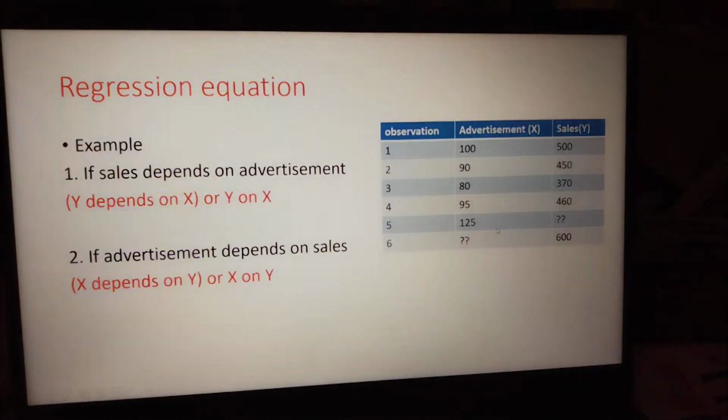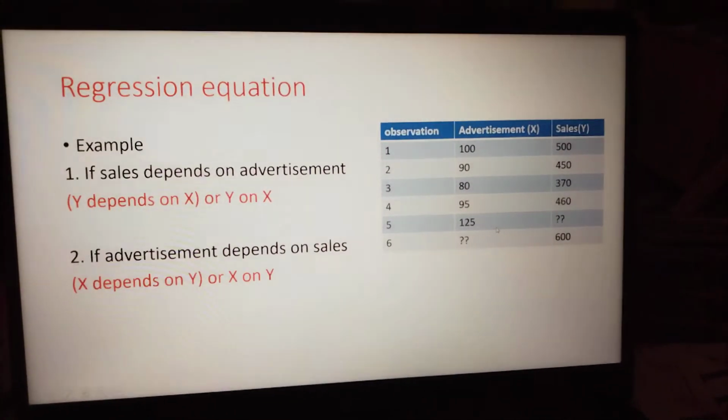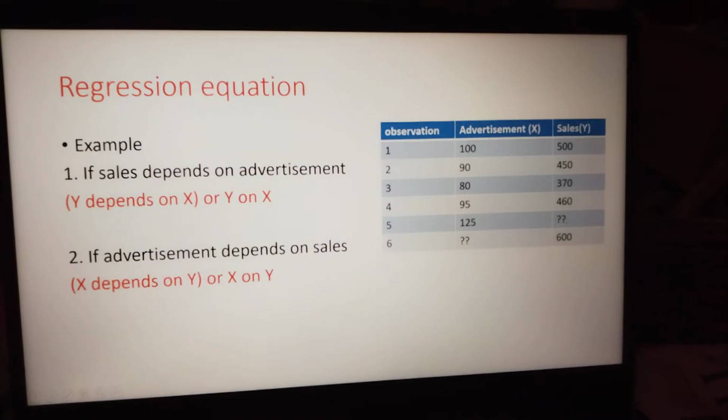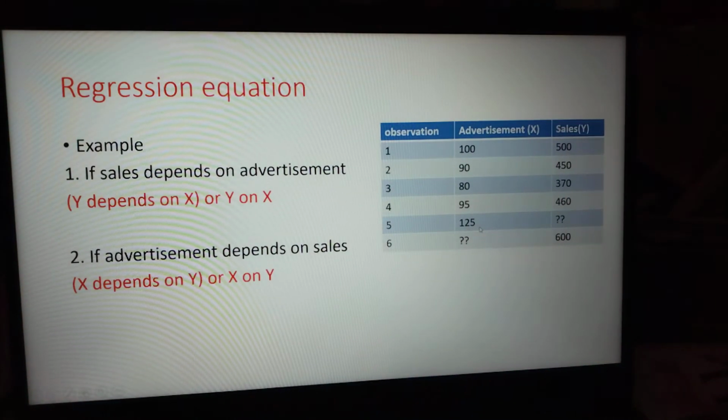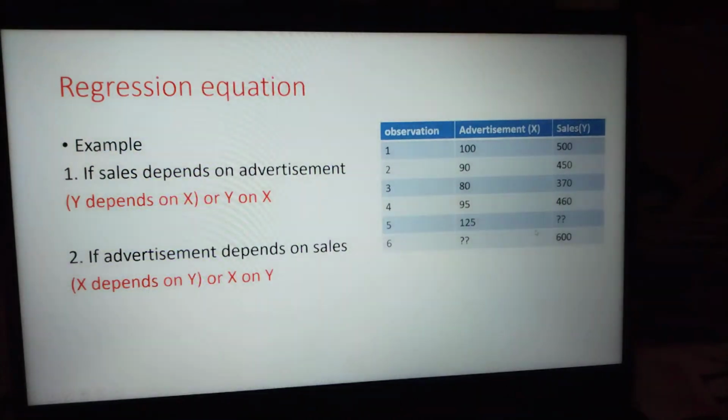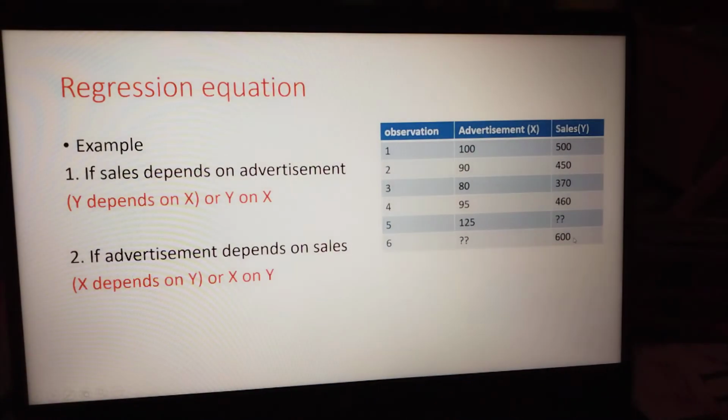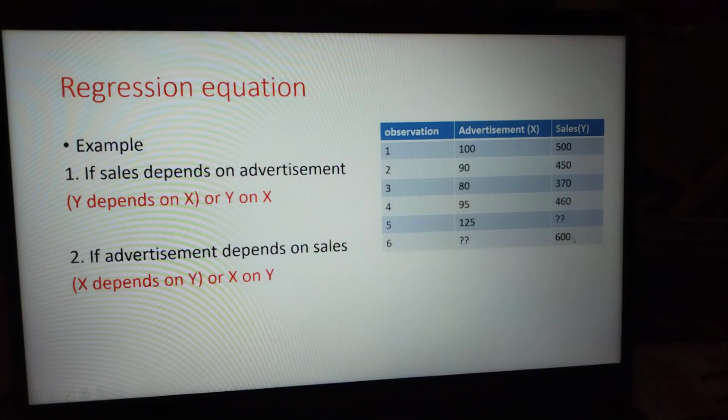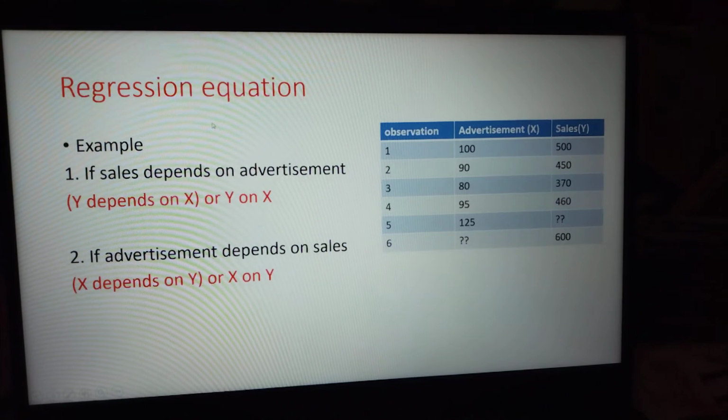So now the company is going to predict what the sales output will be if it invests $125 million. In another way, if the company wants to make $600 million in sales benefit, what amount does it have to invest on advertisement? So we can do both predictions with the help of the regression equation.